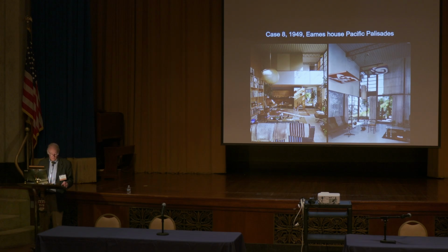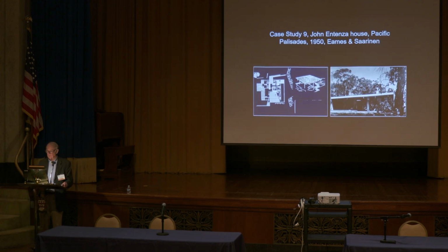They went on to design a number of case study houses. Here is case study number 9, designed by the Eameses with Eero Saarinen, a house for John Entenza in Pacific Palisades.